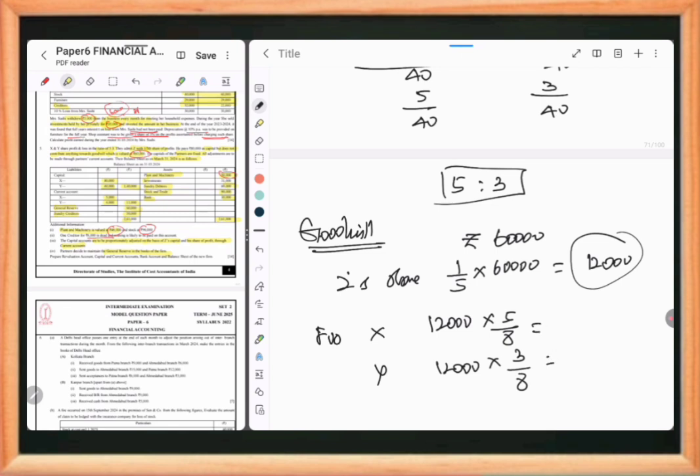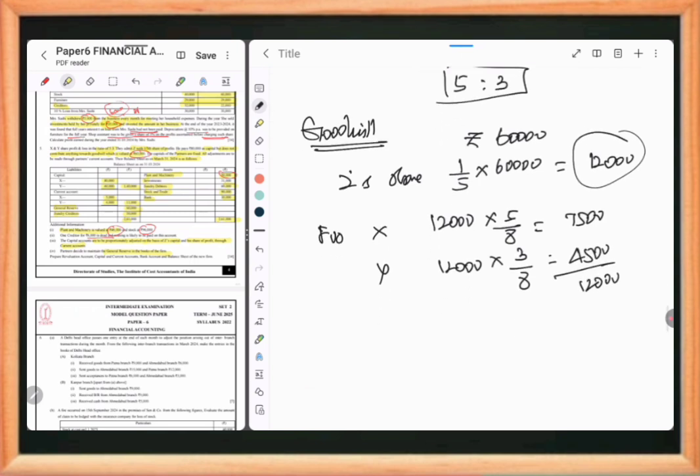So what is the value? 12,000 divided by 8 into 5, so it is 7,500. 12,000 divided by 8 into 3 is 4,500. So the total is 12,000.